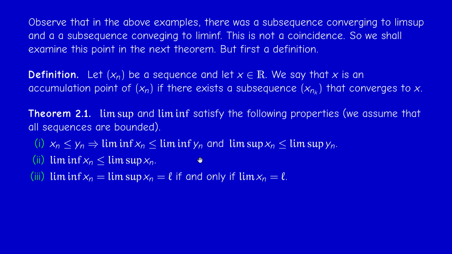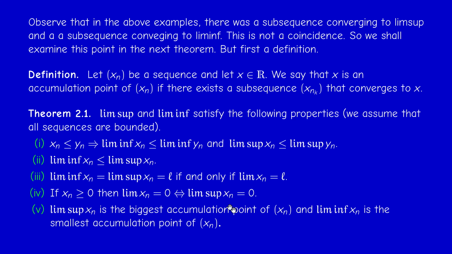Okay, so we see here that the concepts of limsup and liminf are generalizations of the notion of a limit. And fourth property, if xn is non-negative, then saying that xn tends to 0 is the same thing as saying that limsup of xn is 0. And last property, the limsup of xn is the biggest accumulation point of xn, and liminf is the smallest accumulation point of xn.